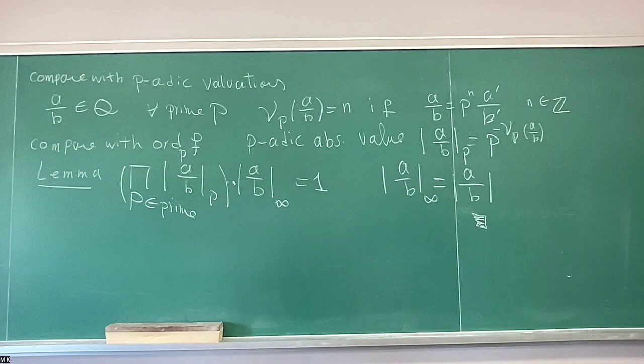Why do we consider infinity to be a prime? This is a compactification of Z in a way. But why do we consider it prime, not composite?